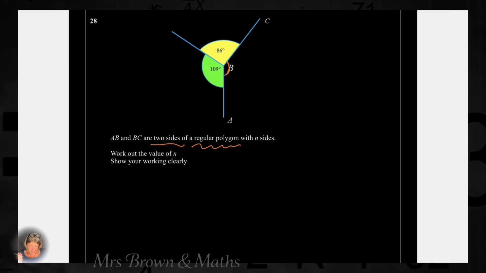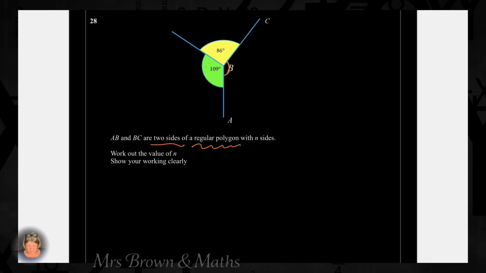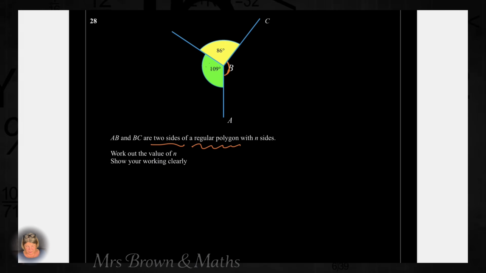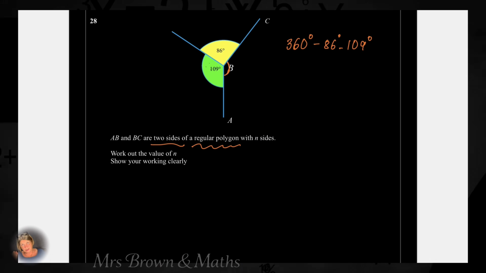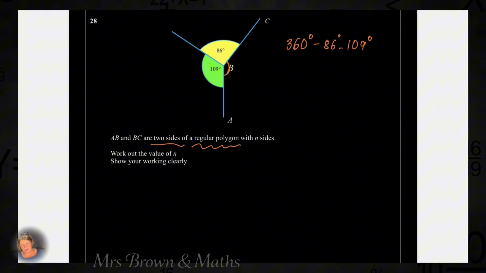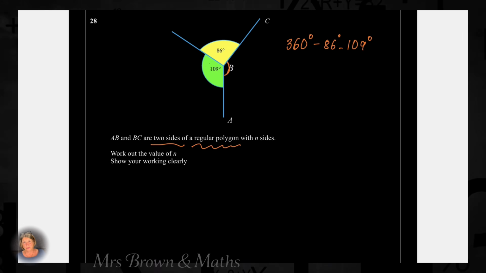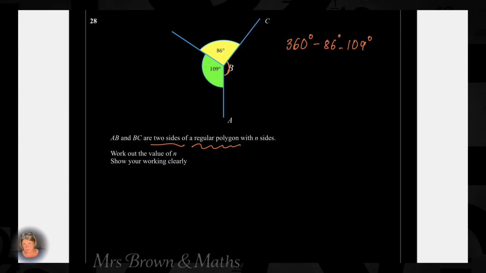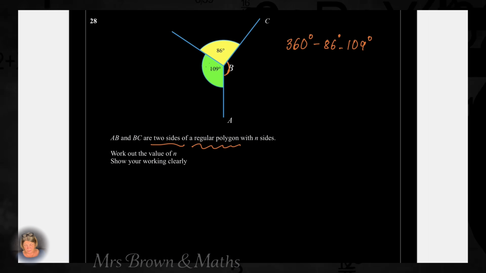angle B. We know that angles round a point add up to 360. So 360, take away 86, and take away 109. We don't have to write the full sentence, angles round a point add up, because you are not told to give a reason.